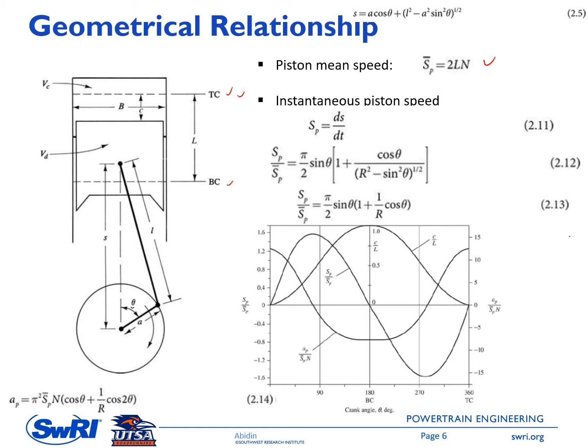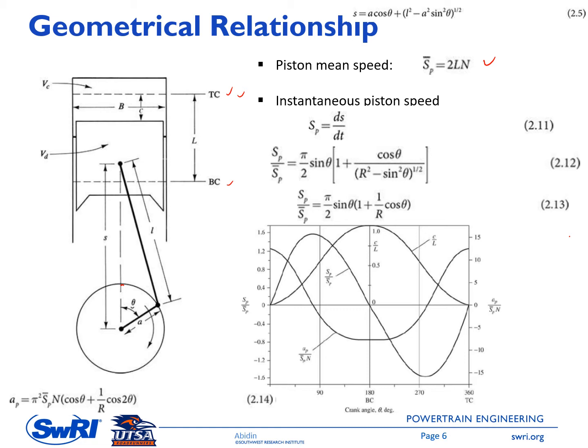So the crank will rotate one complete rotation, from TC back again to TC. Therefore, we have this correlation: 2L times N. N is the crank rotation or the engine rotation speed.